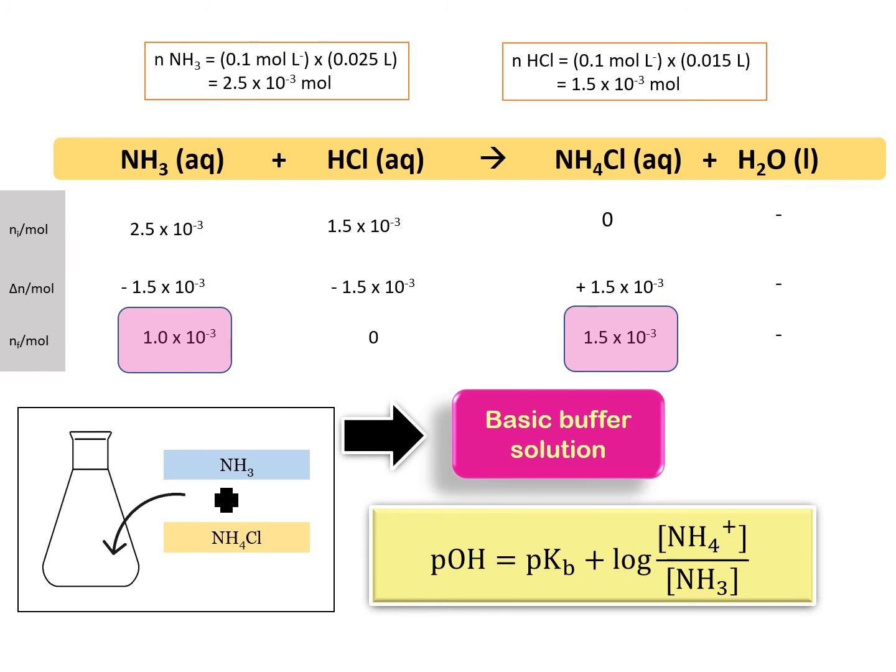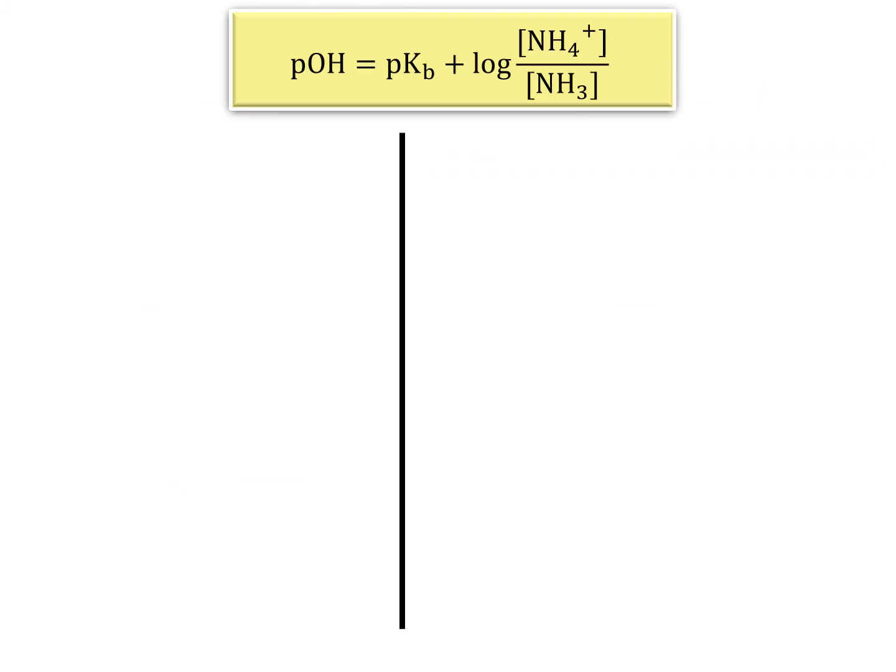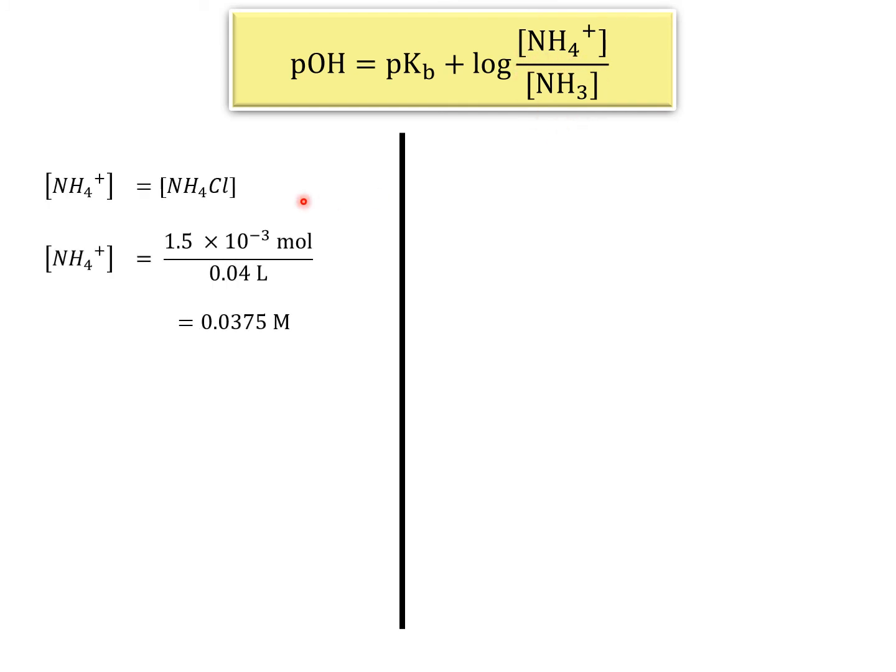Okay, so let's proceed. So, equation kita. Okay, kita kena ada concentration of NH4 plus and NH3. Tapi, yang kita ada adalah concentration of the salt. So, kita cari NH4 plus is equal to NH4Cl. Sebab apa? Complete dissociation of salt. So, daripada situ baru kita boleh cari berapa concentration of the conjugate acid. Okay. Once kita dapat conjugate acid, kita kira pula berapa kita punya concentration of weak base berdasarkan number of mole yang tinggal tadi.